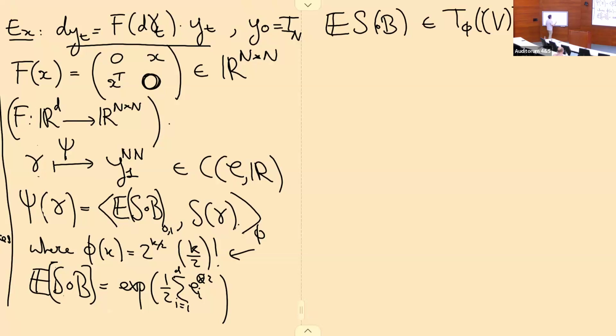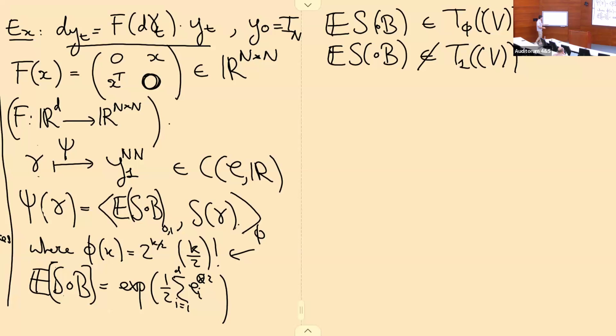However, you can prove as an exercise, by contradiction, that this functional doesn't belong to T1 of V. So this function on paths is an element of this space, but is not an element of the RKHS associated to the original signature kernel. It cannot be realized as a simple functional on the signature.